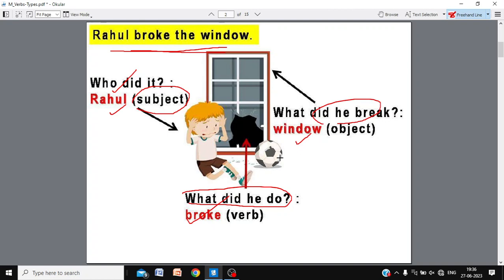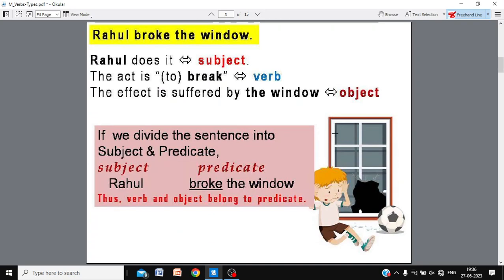The impact of the football on the window was suffered as a break in the glass. So the window suffered the action. So window is the object. So who did it? Rahul, subject. What did he do? Broke, verb. And what did he break? Window, object. So Rahul does it.